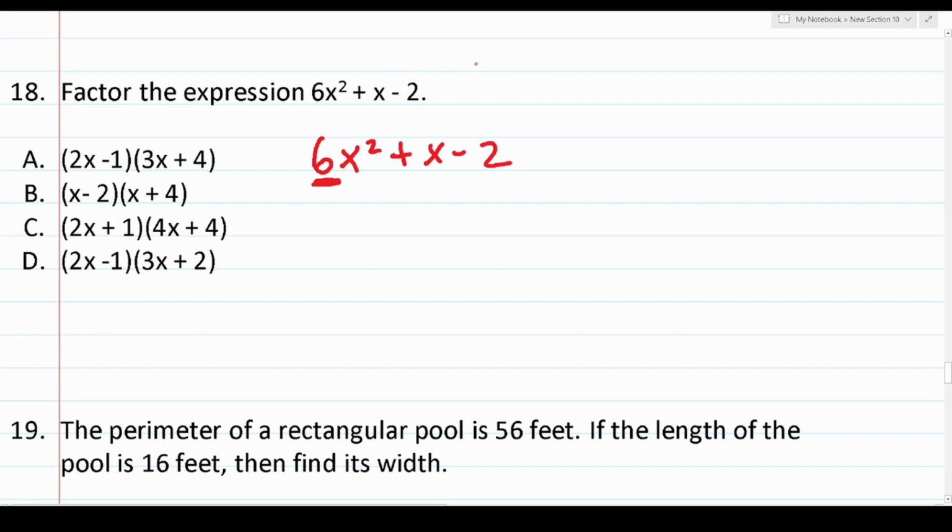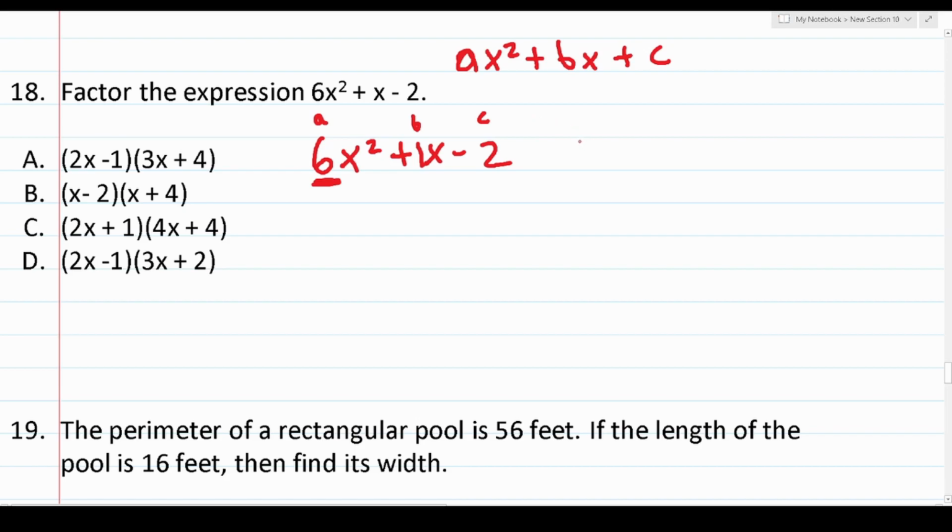Again, in case you forgot, quadratic equations are of this form: ax squared plus bx plus c. In other words, our 6 corresponds with a, and I'll write a right up here. Since there's nothing expressed in front of this x, we assume there's a 1. So this is b as our 1, and then c is -2.